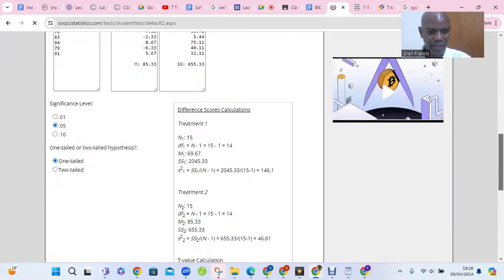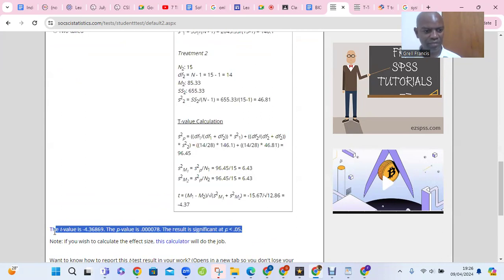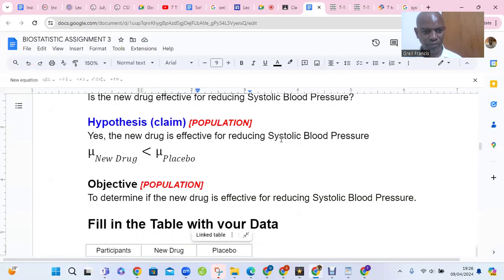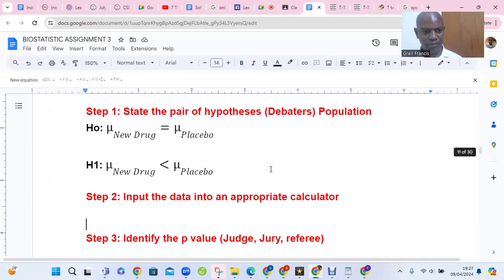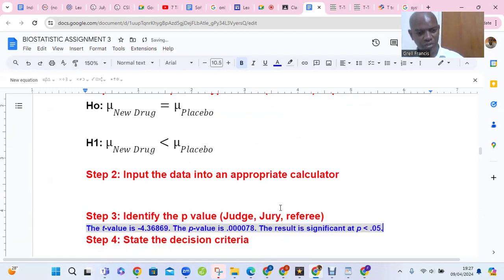So here it did the calculations, and scrolling lower down, here's our p-value, 0.0000078. So we copy this and place this in our document. We input the data and we identify the p-value, which is 0.00.